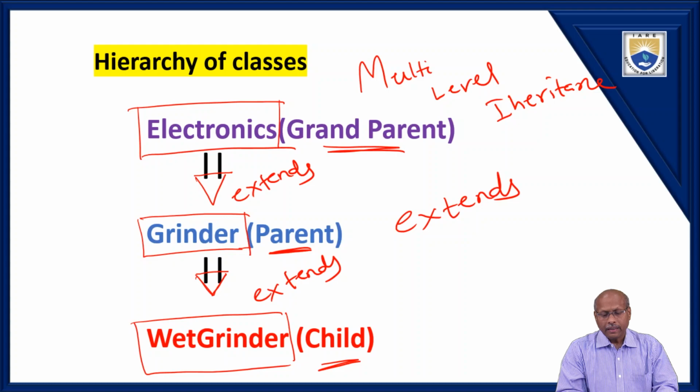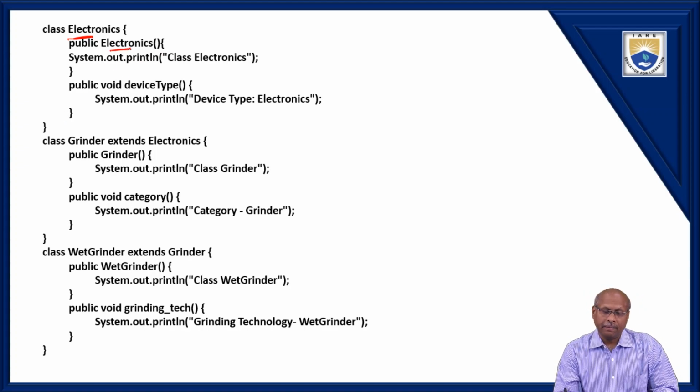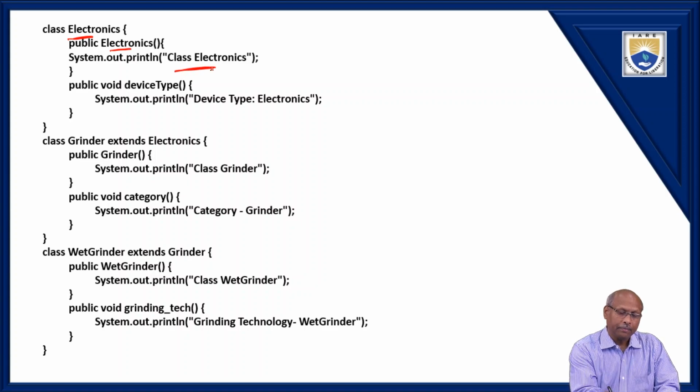Whatever public properties as well as protected properties are available in the parent will be available to the child. Now let us implement through a Java program. A class called electronics, and for that class I am writing a constructor. The constructor name is the same as the class name. Here I am simply initializing.